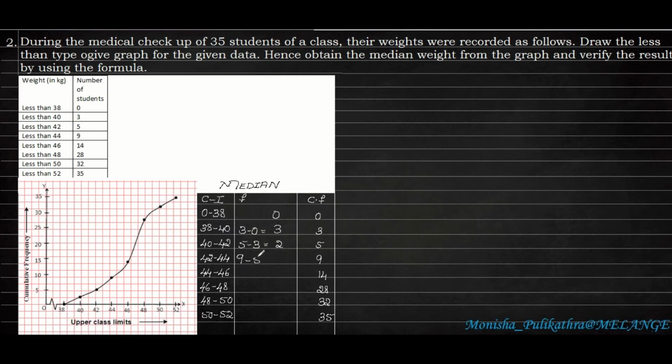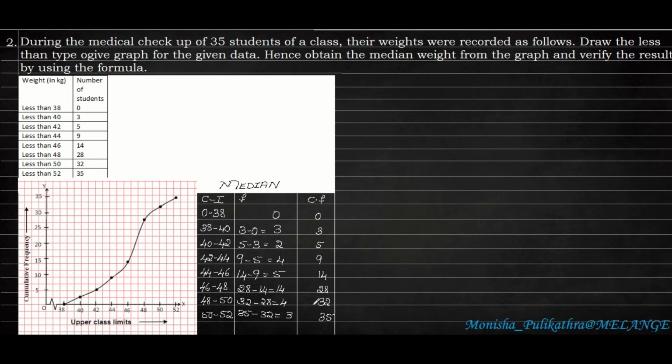Next 9 minus 5, it is 4. Next 14 minus 9, this is 5. Next 28 minus 14 will be 14. Next 32 minus 28, that will be 4. And next 35 minus 32, that is 3.